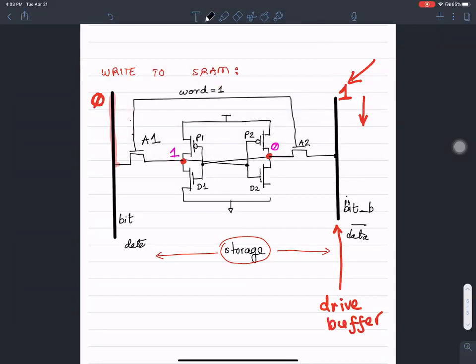When the value of word equals 1, this NMOS transistor turns on, and this NMOS transistor turns on as well. So you want to make sure that this 0 is eventually written to a 1. For this node to charge to a 1, it should happen through the PMOS transistor. So you ensure that P2 is stronger than A2. This is called writability.